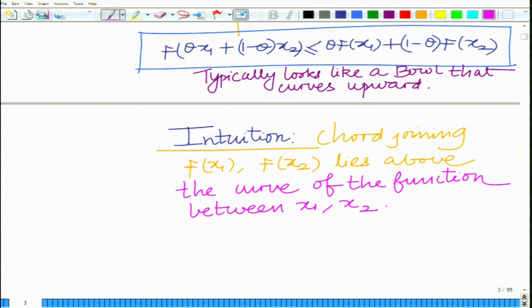So, the chord joining f of x1 and f of x2 lies above the function between x1 and x2.